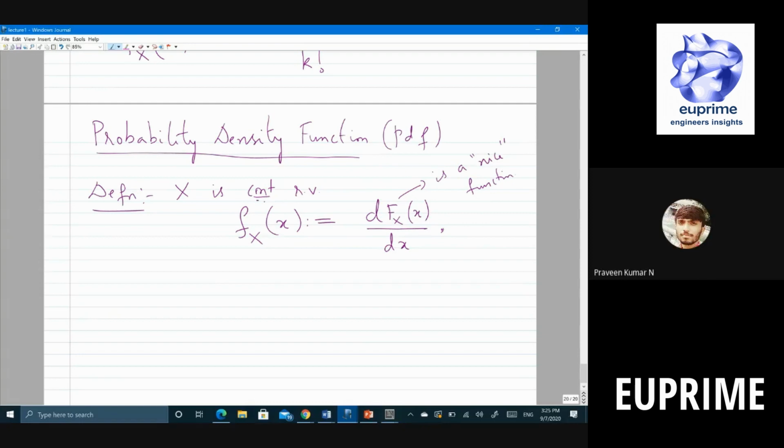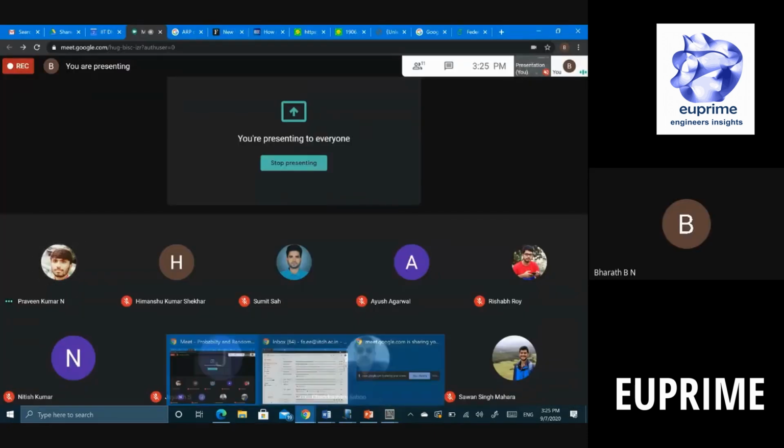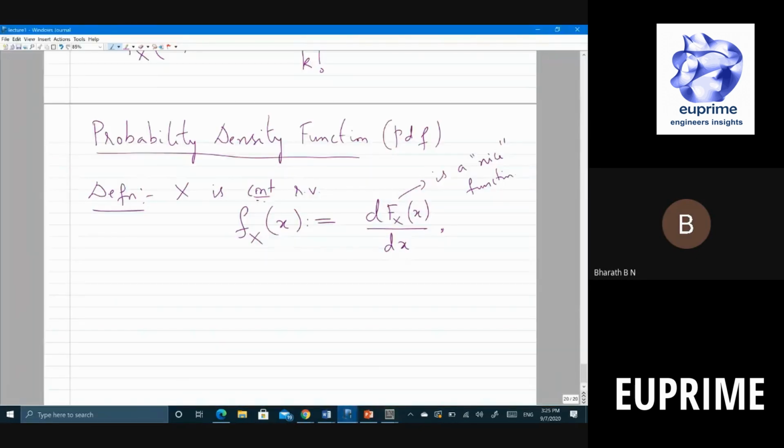Mod x. Mod x is one function which is continuous at 0 but not differentiable. So if something is differentiable, definitely it is continuous, which means it is both right and left continuous. That is a required condition, but it's not sufficient. You need more than that.